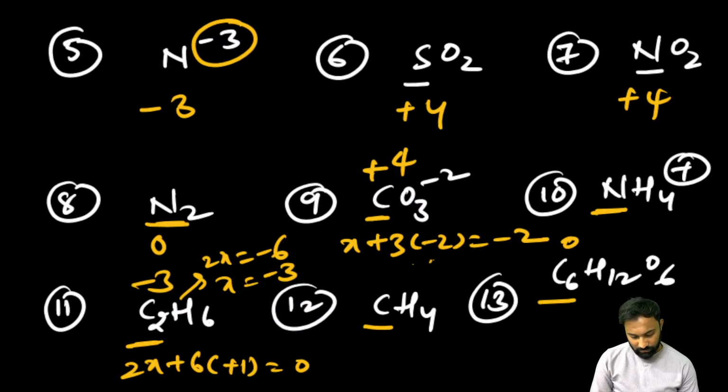Now here next we are going to see some exceptional oxidation states of the given compounds. When we have calculated from our general oxidation state method, some compounds will give different oxidation states.